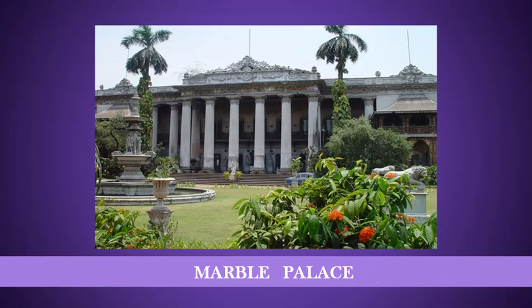Up next, we have the Marble Palace. Back in its day, it was a lavish and luxurious place with sprawling lawns, beautiful gardens, and do you know, it has a mini zoo inside, with a variety of animals that are kept in quite a good condition even today.